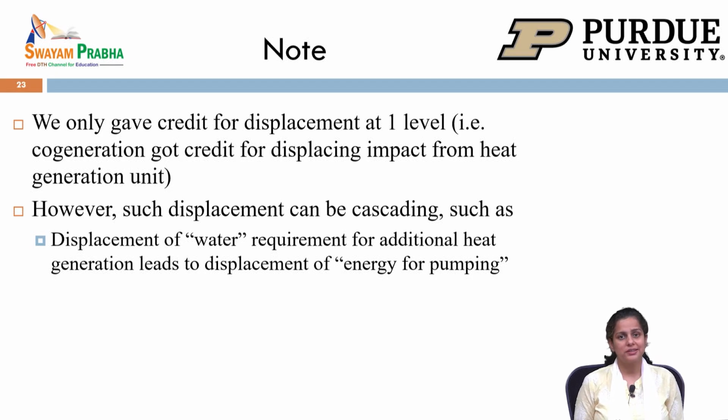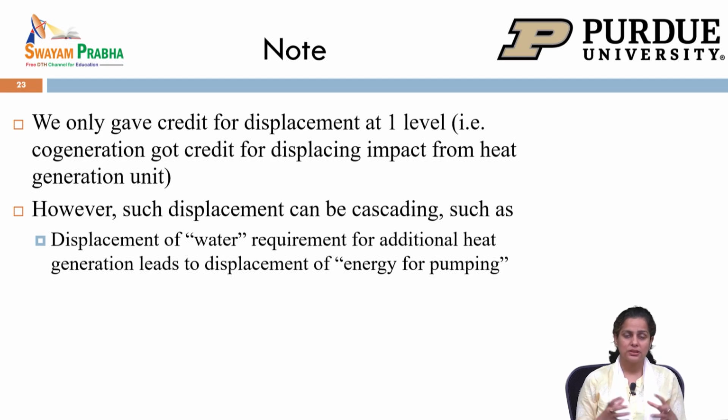So, you see there is a second order effect that is happening. When you are requiring less water in your heat generation, because now you have co-generated heat that is displacing the requirement of heat, you are also requiring less energy for pumping, and now where is that energy coming from? It is coming from the electricity plant.